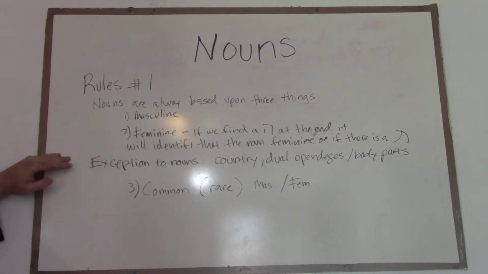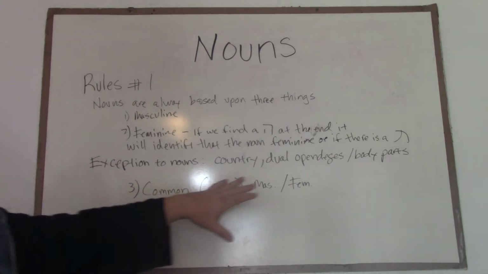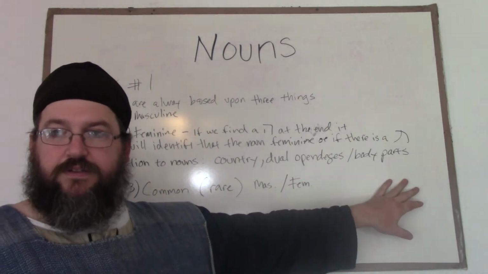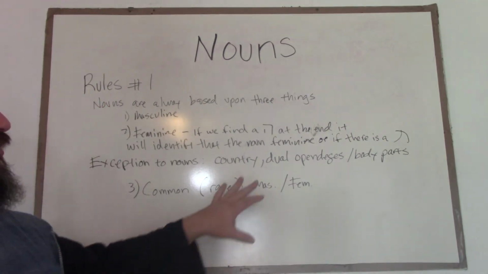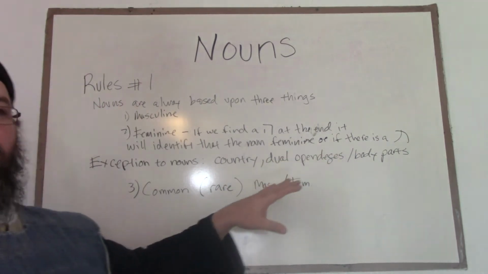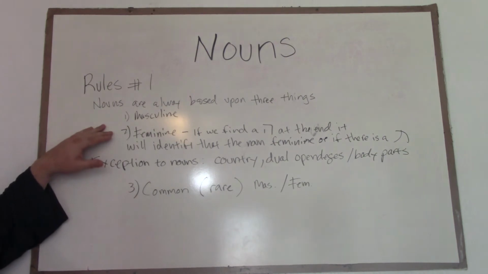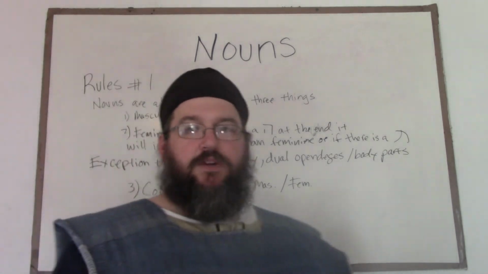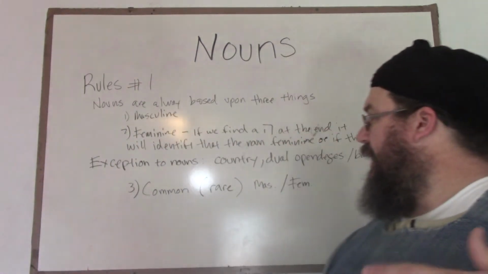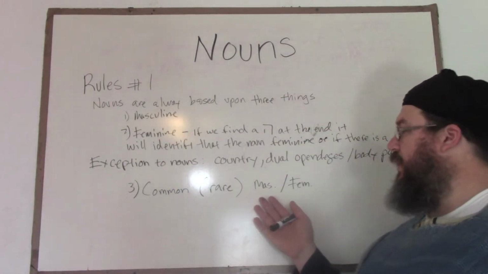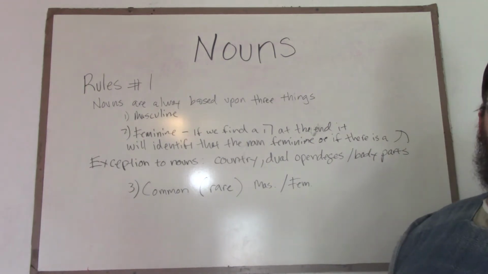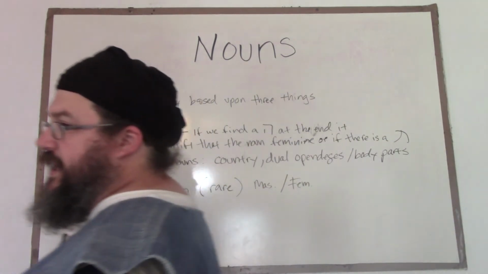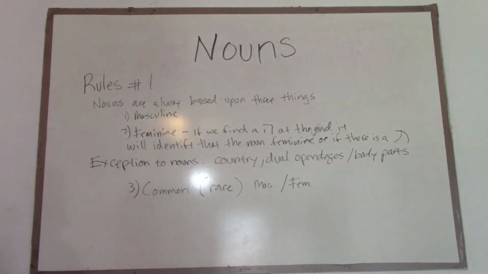And we know that the exception to the rule, such as countries and dual appendages and body parts, since we know that these things will look masculine, I will know that these are actually feminine, okay? And so here we have common. These are the nouns that can be used in relationship to both a masculine or a feminine. And this is going to identify to me the simple rules of nouns.